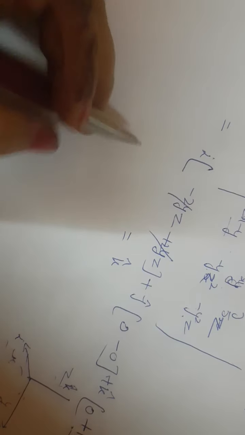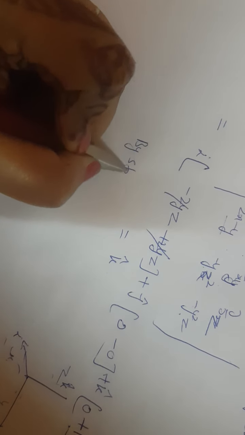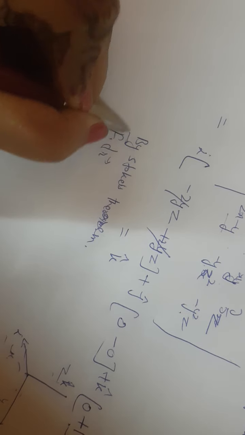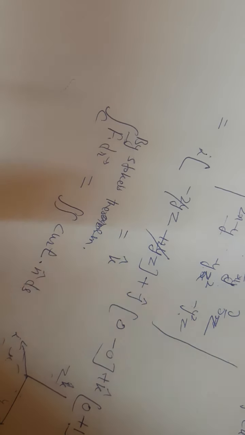Okay, so by Stokes theorem, the line integral of f dot dr is equal to the surface integral of curl f dot n dot ds. Here n is the unit normal vector.